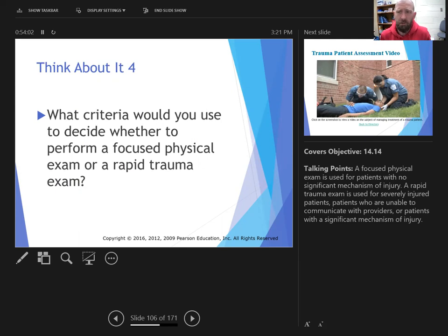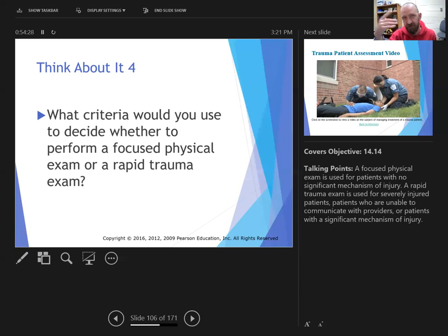What could tell you to go one way versus the other? Well, that focused physical exam is used for patients without significant mechanism of injury, right? More of a minor kind of injury. We can just kind of focus on that. We're not worried about other areas being hurt, right?